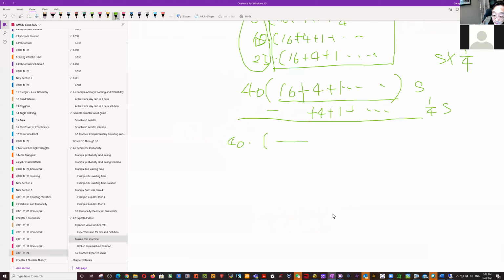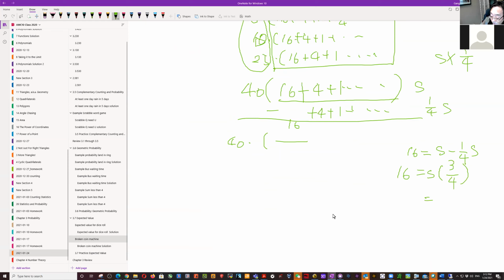If you subtract it, 16 remains and the rest of them cancel. So 16 is equal to s minus 1/4 s. So 16 is equal to s times 1 minus 1/4, which is 3/4.